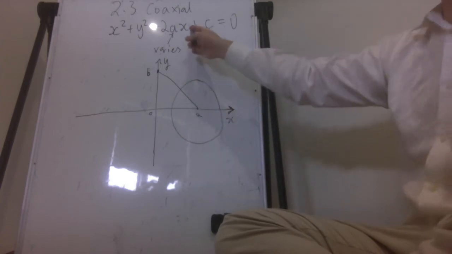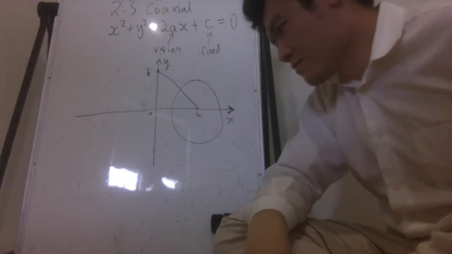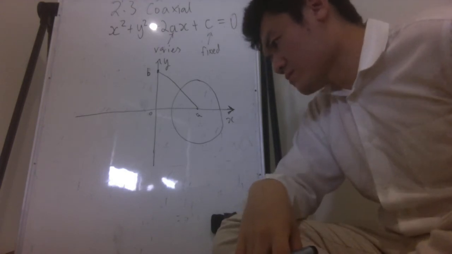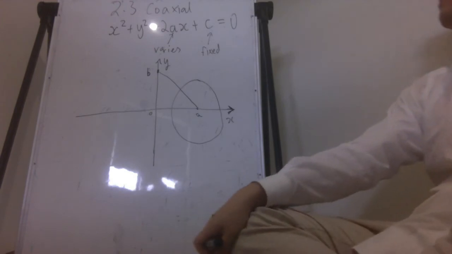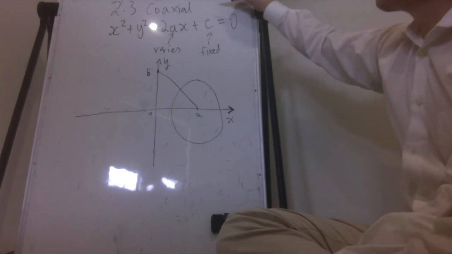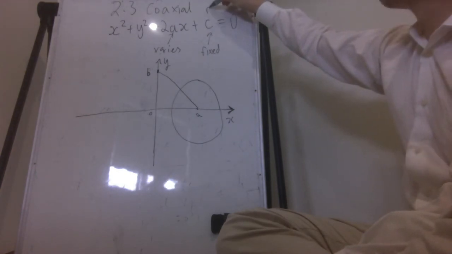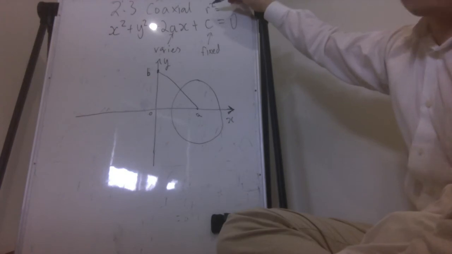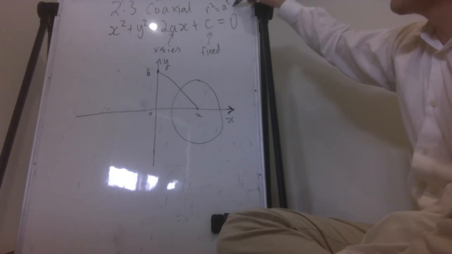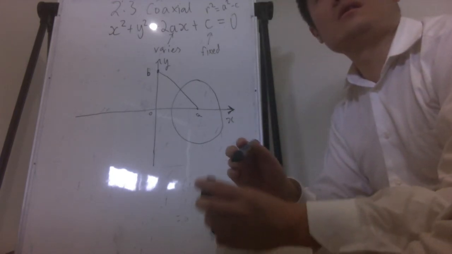So the circle has this equation, yeah? I'll do it for you, the square of the radius should be a squared minus c, yeah?